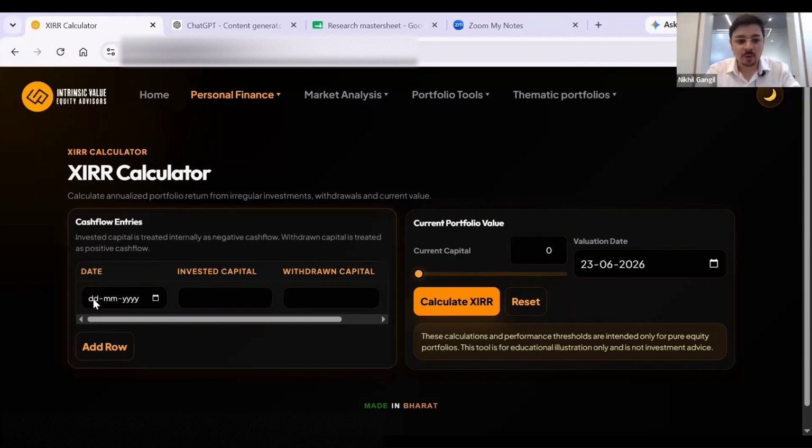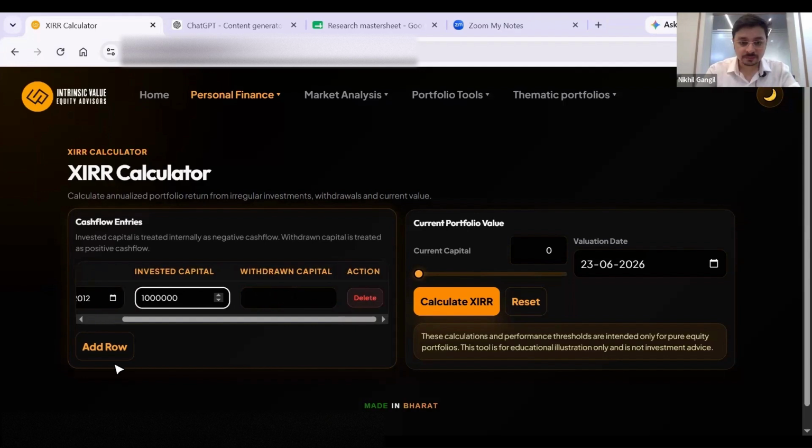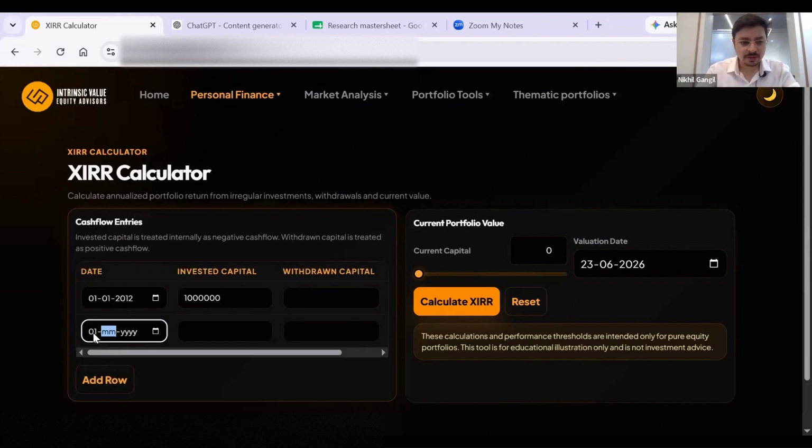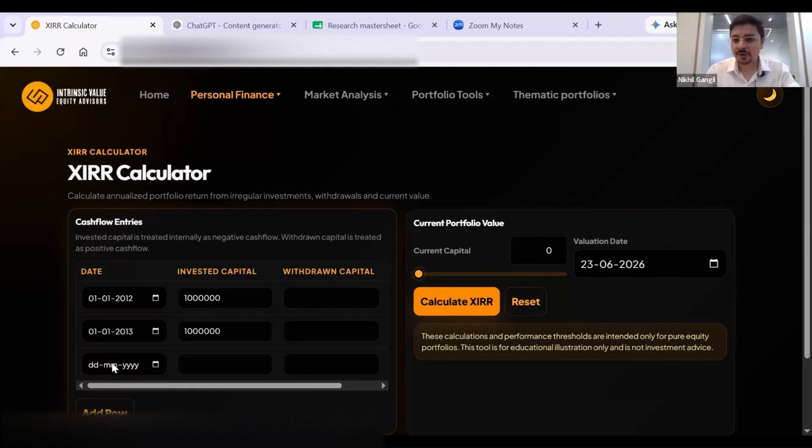All he had to do was put in the date. So that's what he did. Let's say he did 2012, he invested 1 crore. Then 13, he invested 1 crore. I'm just giving you an example. And 17, he invested 1 crore.